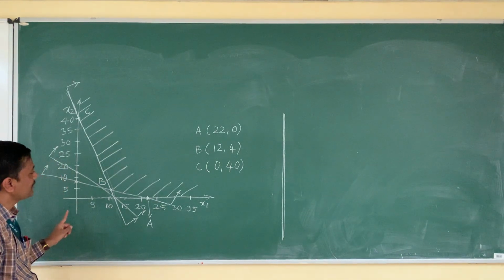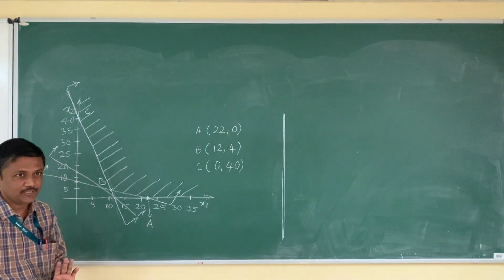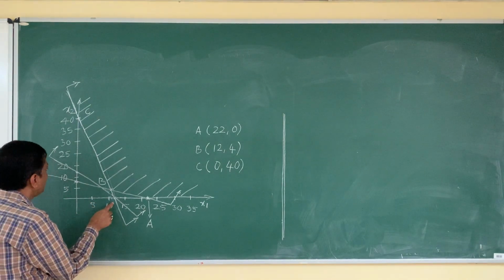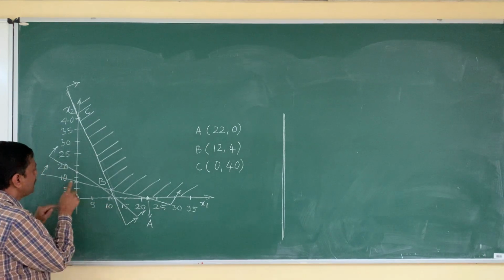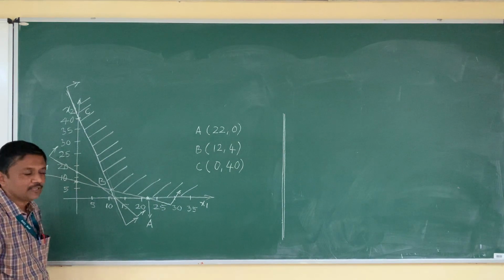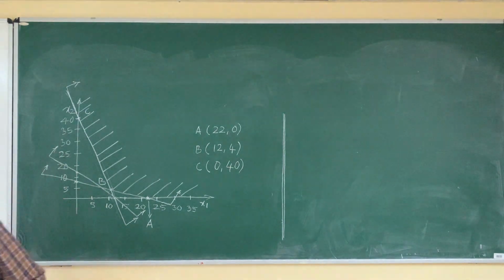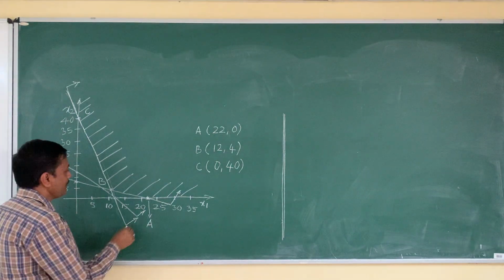So for the first constraint, x1 was 13.33 and x2 was 13.33. So we are going to mark over here and then we are going to join these points. Similarly, for the other two constraints, we are going to mark them.